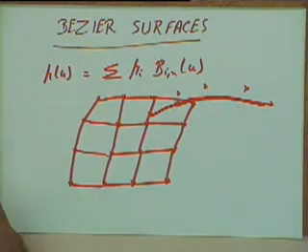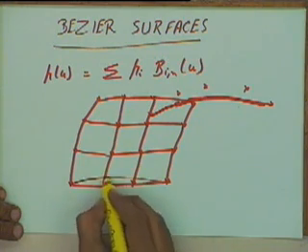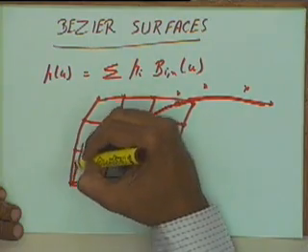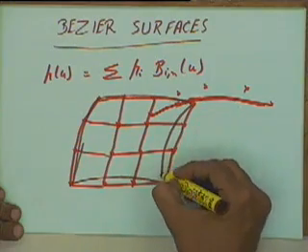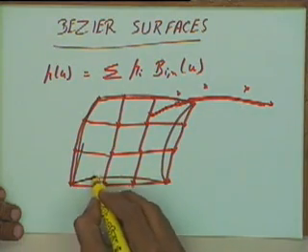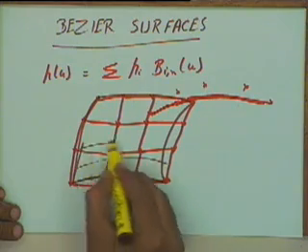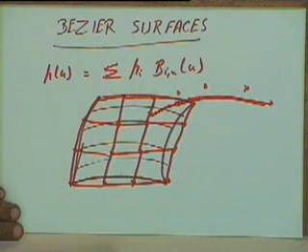Within these we can define a Bezier surface which might look something like this, and it will have a family of Bezier curves in between.